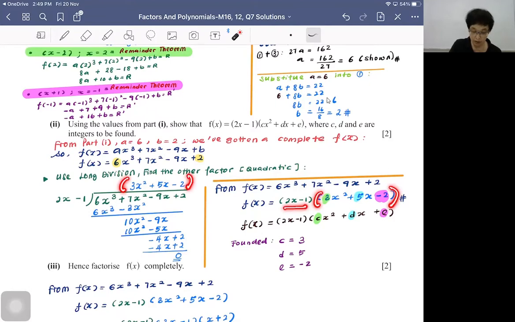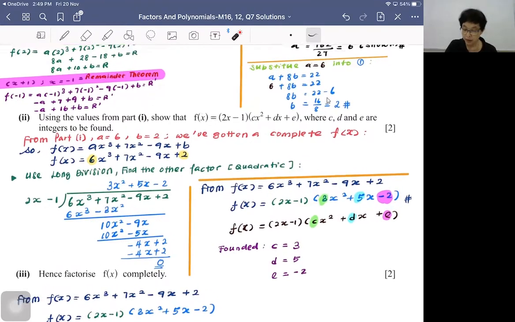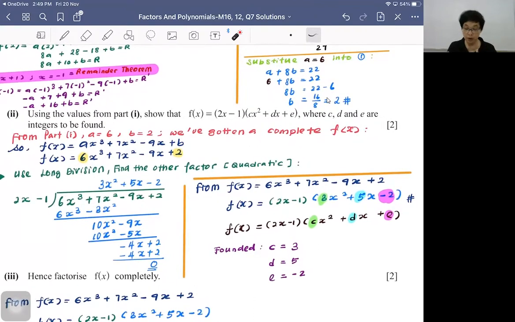So this is what we get from the long division. Then you have the complete arrangement, confirming exactly the format that the question requires of us, that is 2x minus 1 bracket cx squared plus dx plus e. And yes, we have successfully found it.